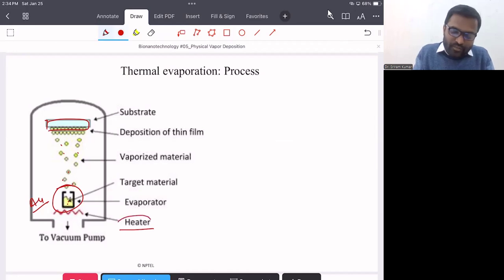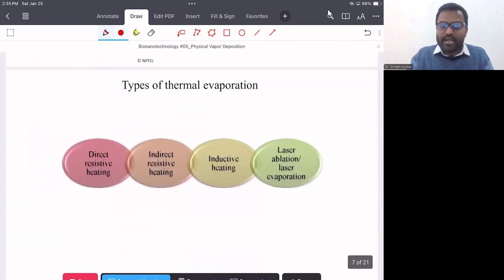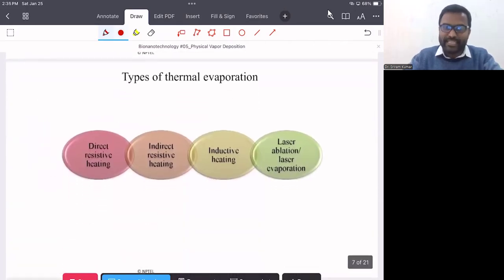Based on the kind of the heater, we will have a different kind of thermal evaporation technique as well. So let's understand what are the different kinds of thermal evaporation technique.